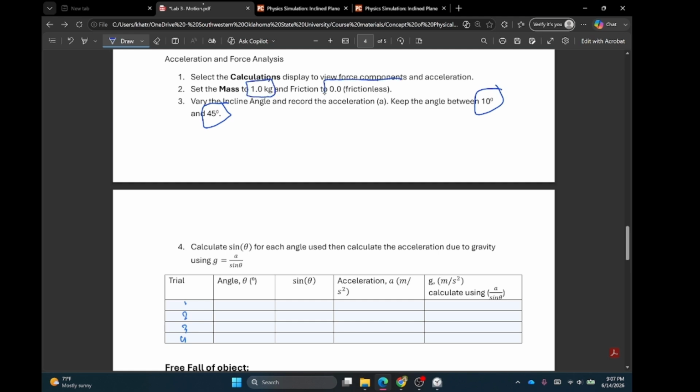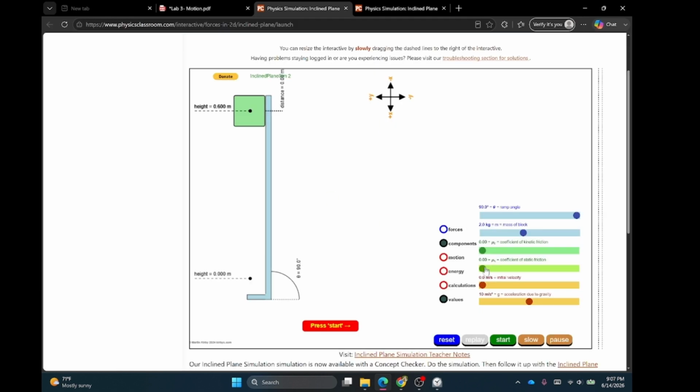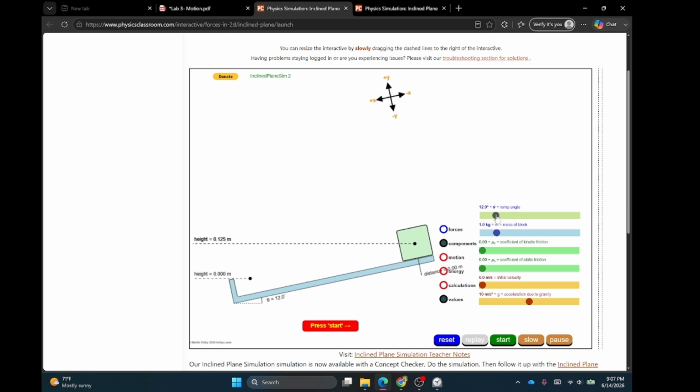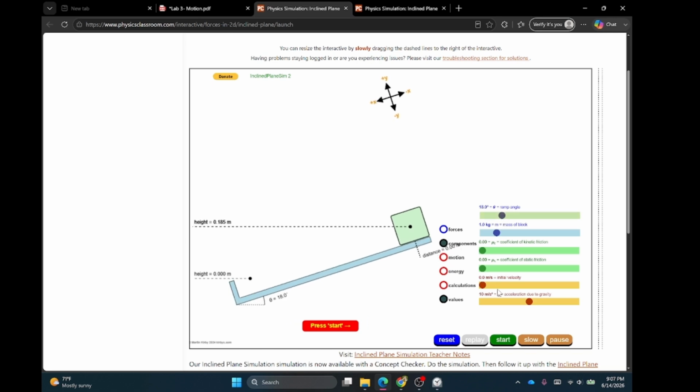So basically, friction at 0, both static and kinetic, and mass at 1, and your angle should be between 10 to 40.